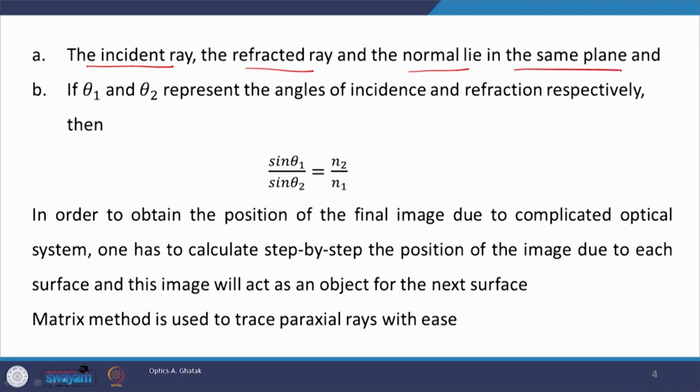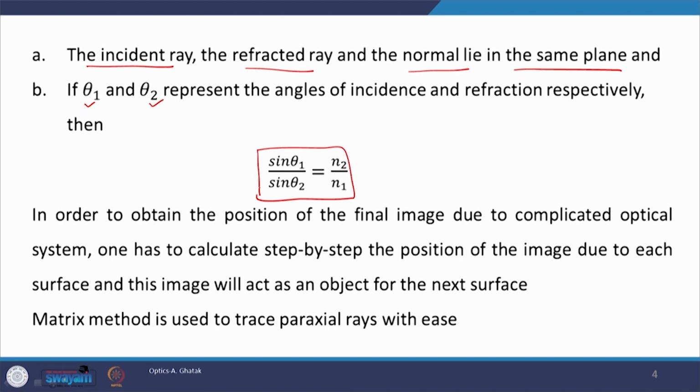The second condition is that the angle of incidence and angle of refraction, which are theta 1 and theta 2 respectively, should be such that sin theta 1 by sin theta 2 must be equal to N2 by N1. This is your Snell's law. If we implement these two conditions, then we can easily decide the direction of the refracted ray.